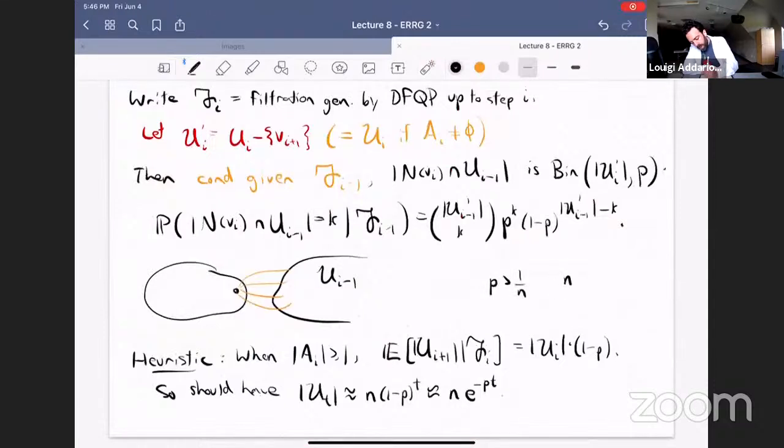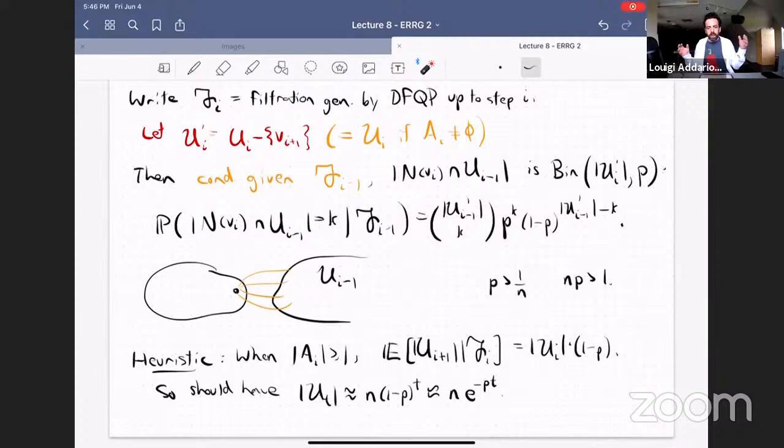So the average number of neighbors that's found in a given step is bigger than 1. So heuristically, you can imagine that at least at the start of the process, the size of this active set is increasing. And so on average, you don't expect to be discovering lots of new components at the start.